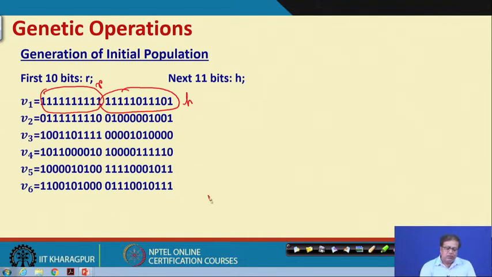Is it 1024 or 1000? What we have done is we have taken all ones as 1000, that is how we have represented. Is it all right?